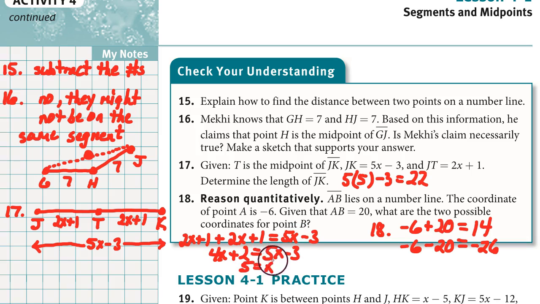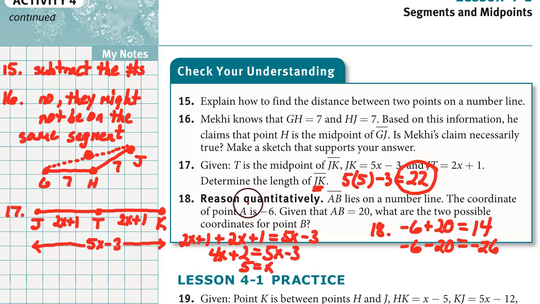Once I know the answer for x, we can find length JK. Over in the picture, which algebra expression is for JK? It's this one, the 5x minus 3. So that's where you fill in x is 5. 5 times 5 is 25 minus 3 is the answer 22.